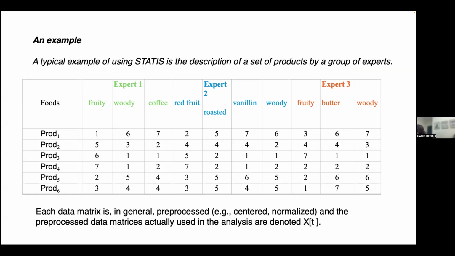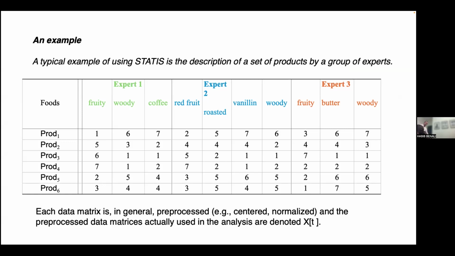Now I have these three. So one question is, is there any relationship between the experts? This is more high dimension, looking at the data tables. I would like to see if the products are graded the same way by the different experts. This is another question that I am going to ask.